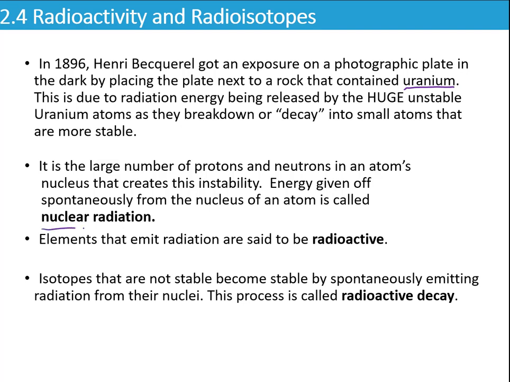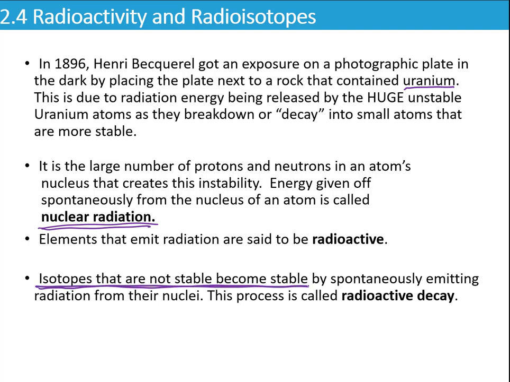That energy he called nuclear radiation. I always think of radiation like from the sun, the warmth, the heat from the sun. He's saying this is energy coming out of this sample, this element, and it is because it is unstable.